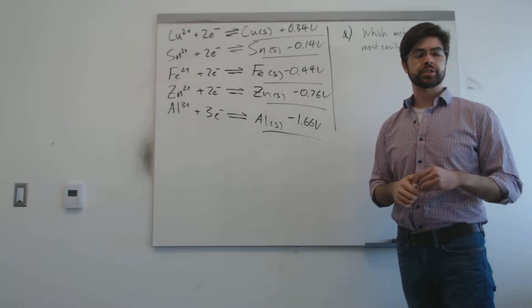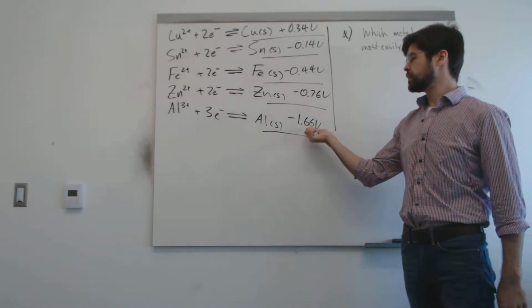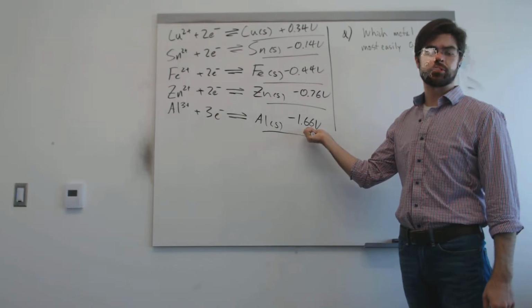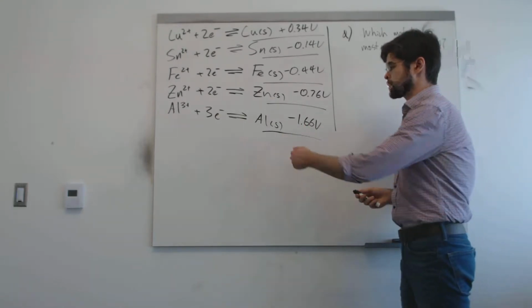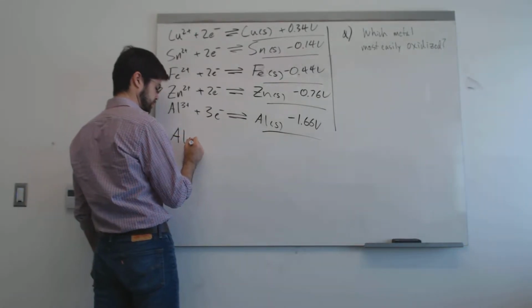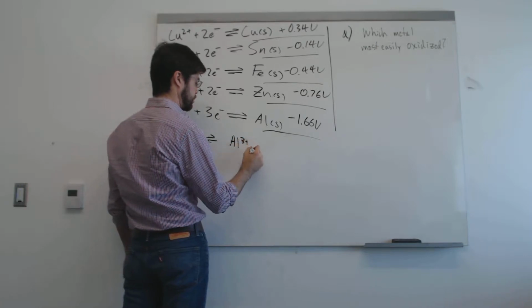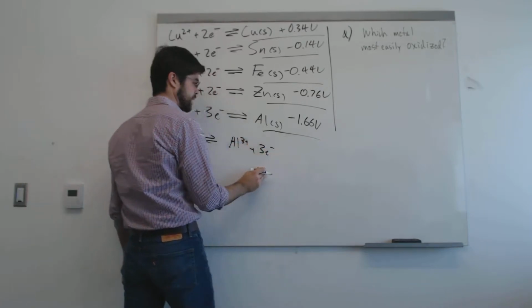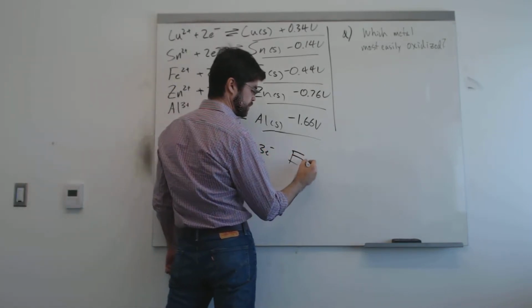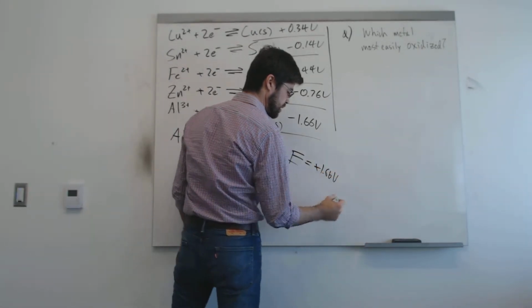I mentioned this in lecture today, that if you flip a reaction, you essentially flip the sign of the standard reduction potential. So if I were to rewrite this reaction, aluminum solid going to aluminum 3 plus and 3 electrons, I would say that the potential for that would be plus 1.66 volts.